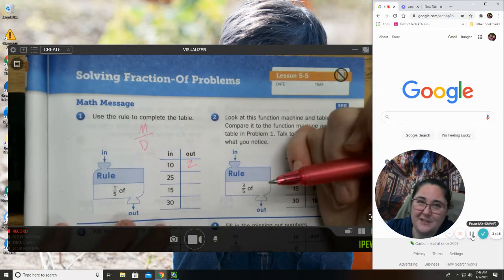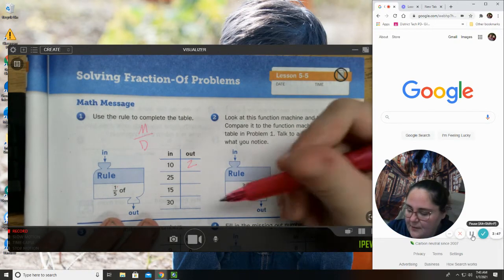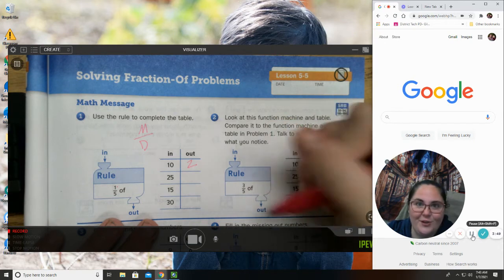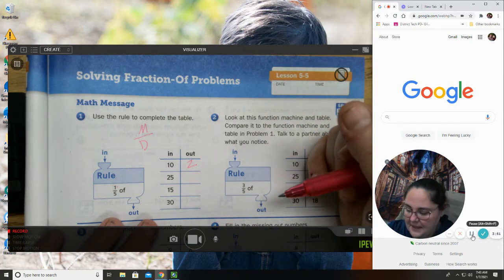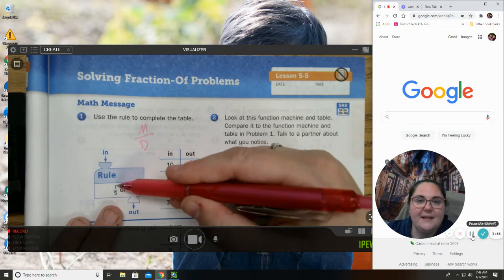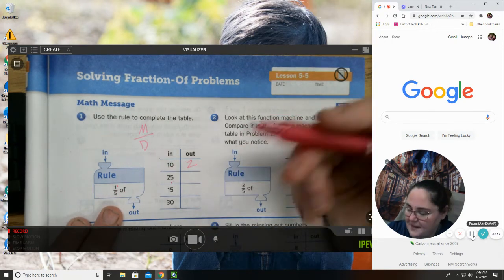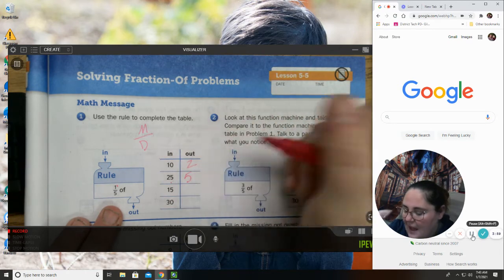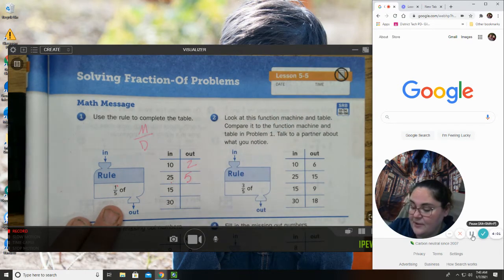It's kind of just doing division. It does get tricky when we have it like this, so that's why I wanted to show you the way that I did. All right, 25, let's do the next one. 25 times 1 divided by 5. I want you to see if you can find the next one on your own.